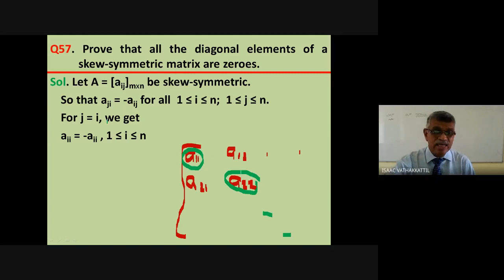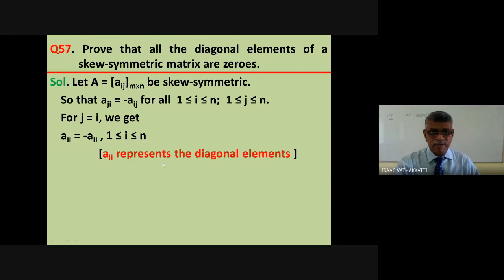That means when i is equal to j, what we are getting are diagonal elements. So when the matrix is skew symmetric, what we have is aji equal to minus aij. When j is equal to i, we have aii equal to minus aii.